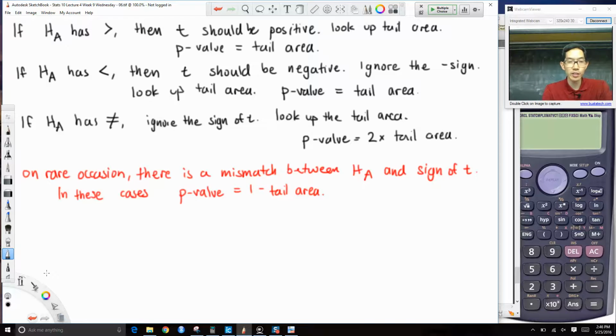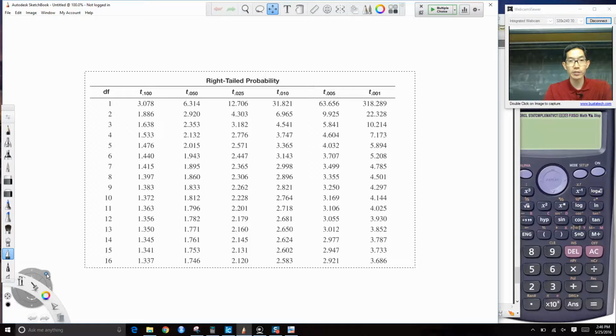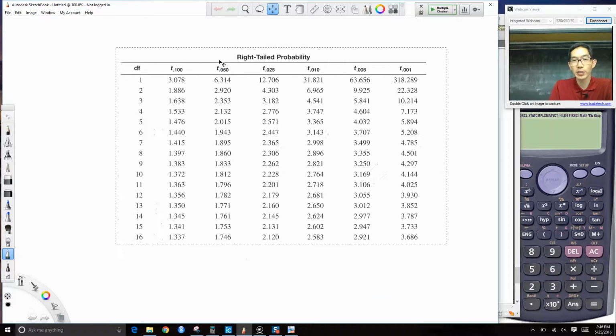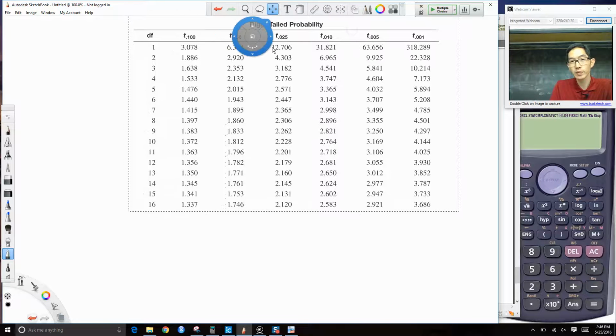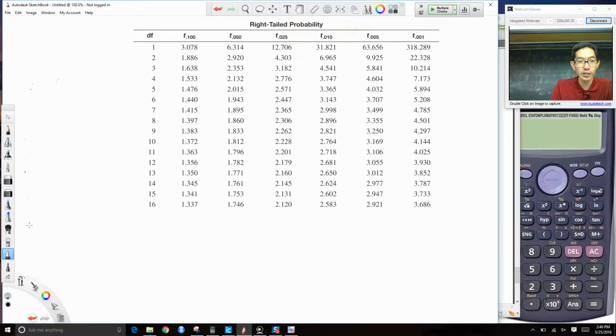So let's try out another one of these examples. This will be a problem for you. Let's say the alternative is mu is less than 25. You have degrees of freedom equal to 10, and we will say your test statistic ends up being negative 4.63.